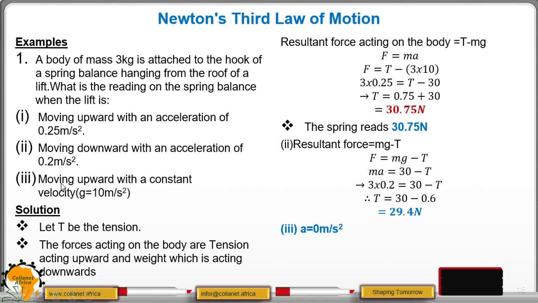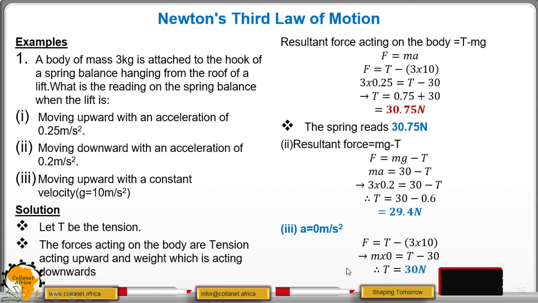Then part 3, you're supposed to get the spring reading when the lift is moving upward with constant velocity. Now, we have seen that when the velocity is constant, acceleration will be 0. And therefore, our ma will be equals to 0. Therefore, m times 0 is equals to T minus 30.